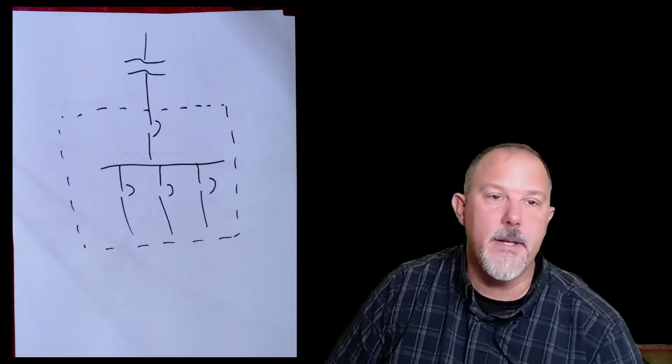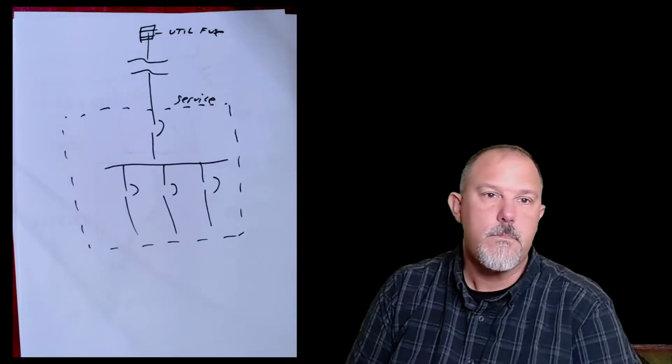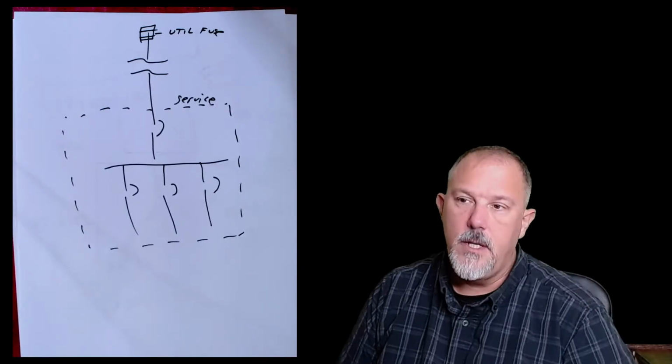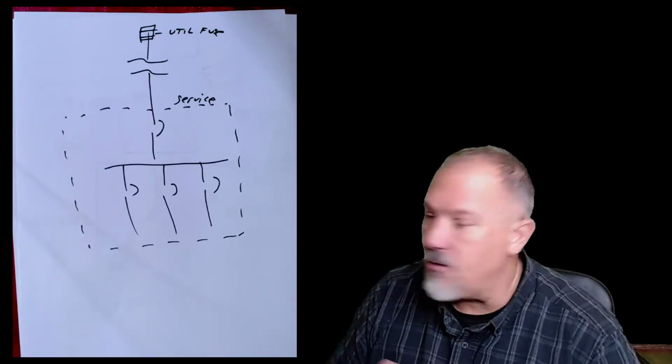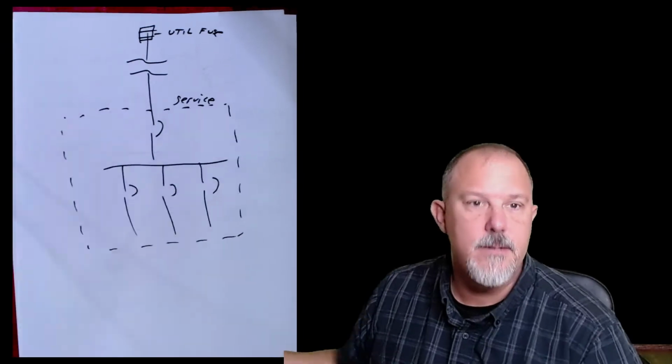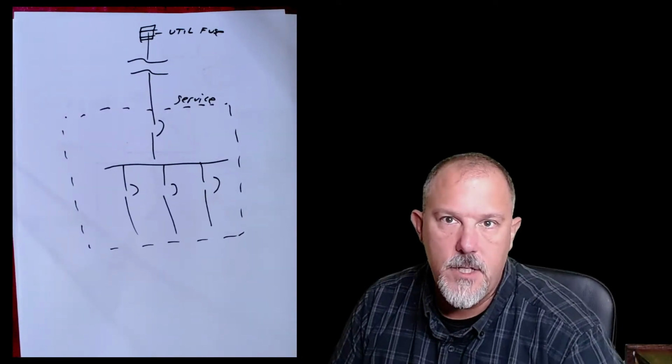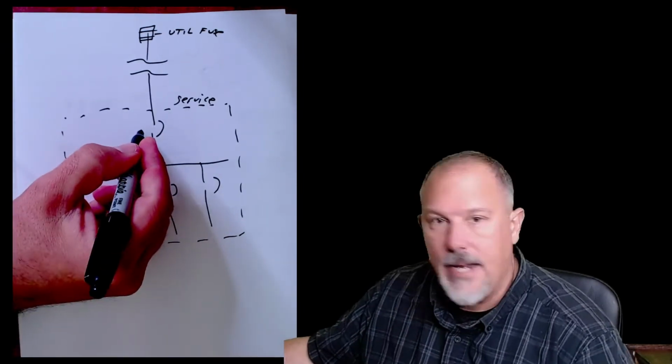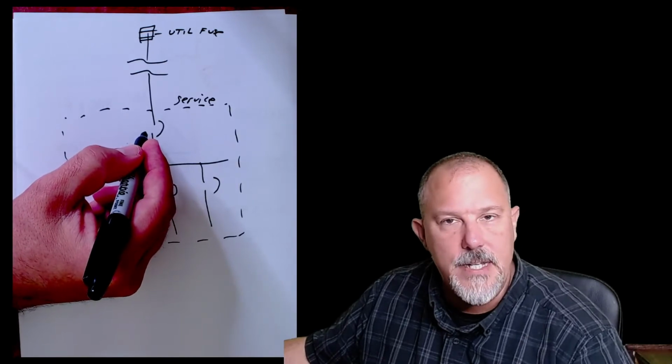And that's my equipment. So this is service equipment. And on the primary of this is probably a utility fuse. Right? Now, when I calculate incident energy for this equipment, what do I base it on? Do I base my incident energy on the main overcurrent device in this equipment?